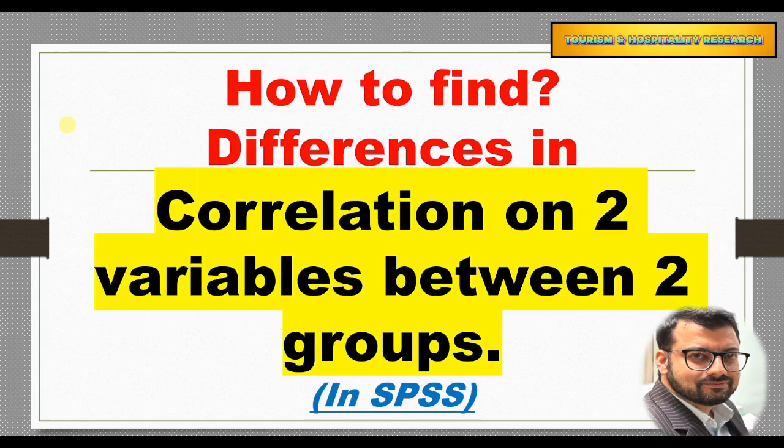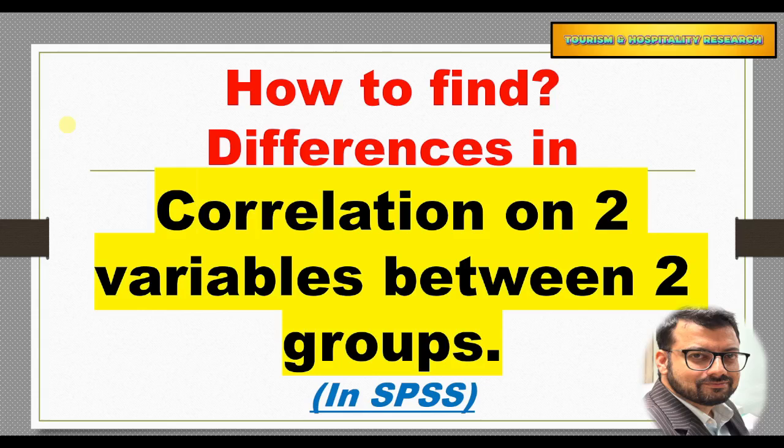So we often assess correlation between two variables in SPSS, but if we want to find out whether there is a significant difference between these two groups, that is male and female in our example, on the correlation which we analyzed on two variables, so it's a bivariate correlation, then how to assess the significance of difference between them, whether there is a difference or no such difference.